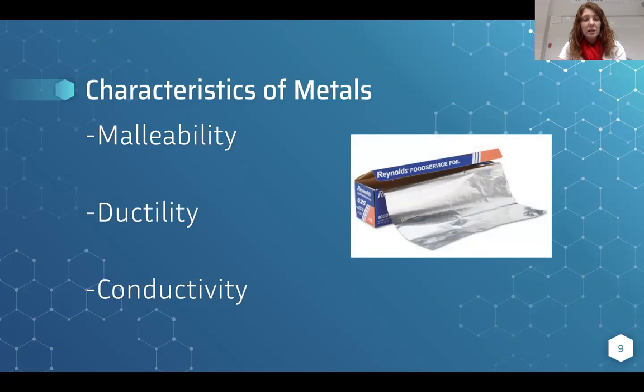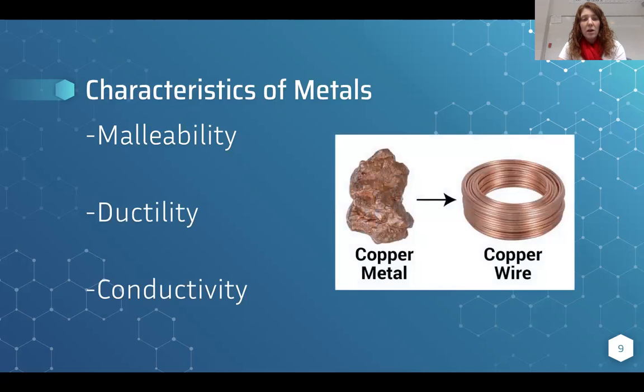The other one is ductility, which goes along with this same idea that you can mold and shape the metal because the electrons are just in this sea between the metal atoms. It allows the metal to be not only hammered out into sheets, but pulled and twisted out into wires, which is where all of our metal wiring that we rely on comes from.